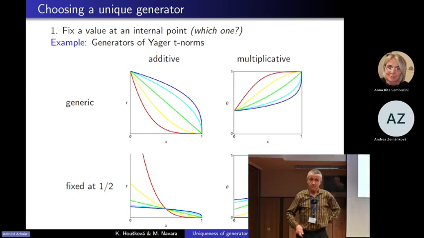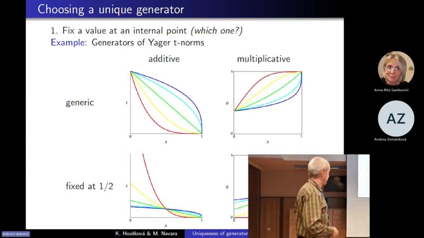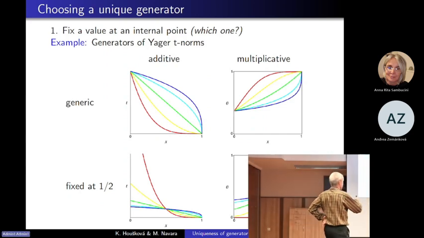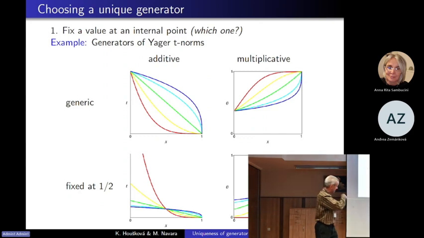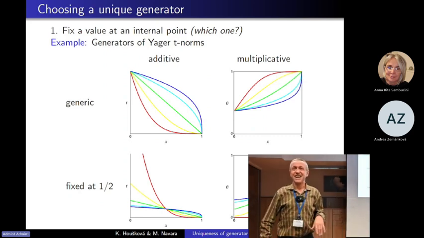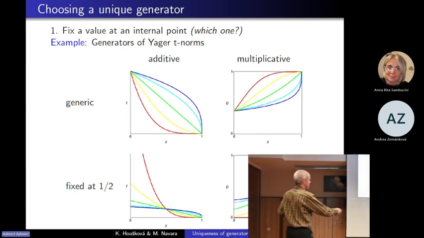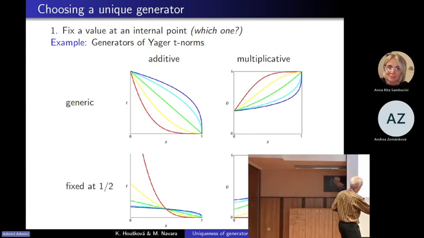And now an example of a nilpotent family of t-norms, Jaeger t-norms. The generic form for the multiplicative generators is like this. If you fix it at one point, oh, that's ugly. We probably do not want to compare these shapes in the family. It was better before, maybe.